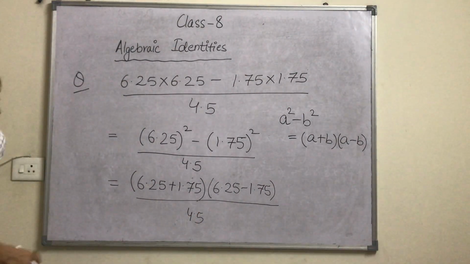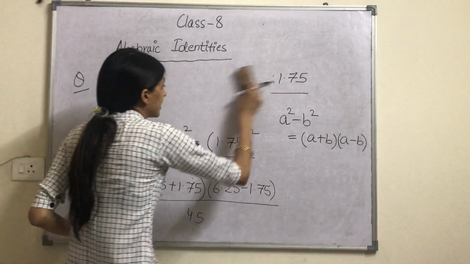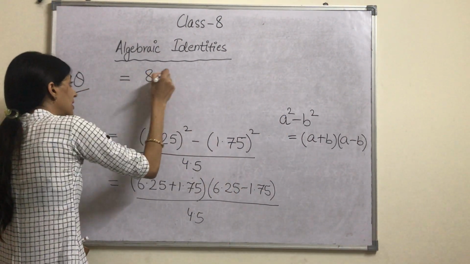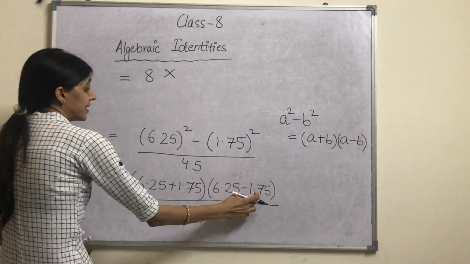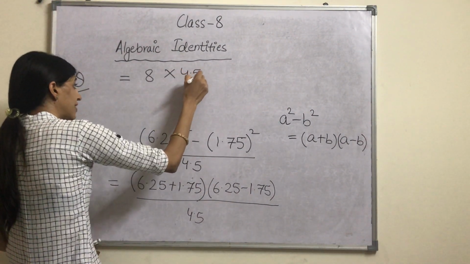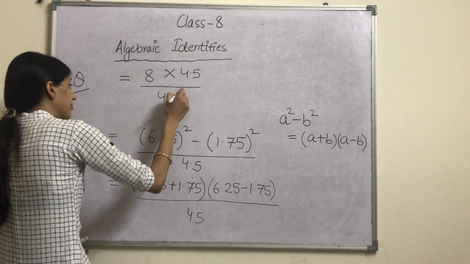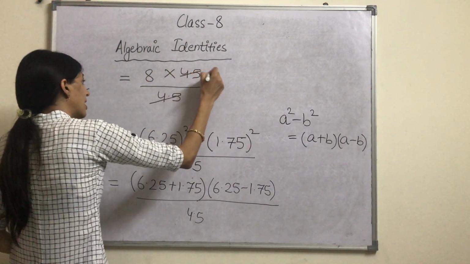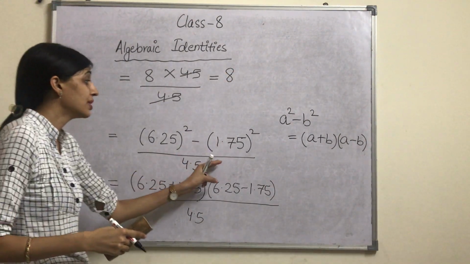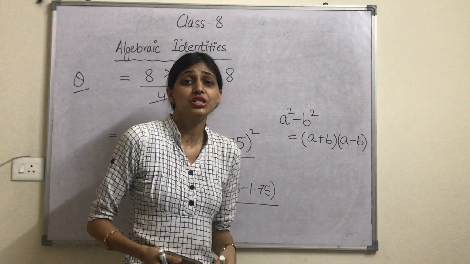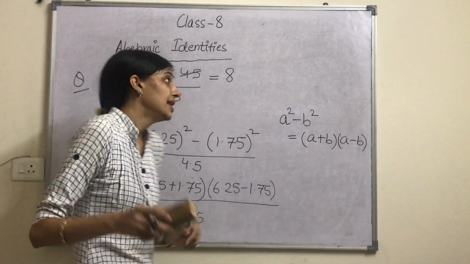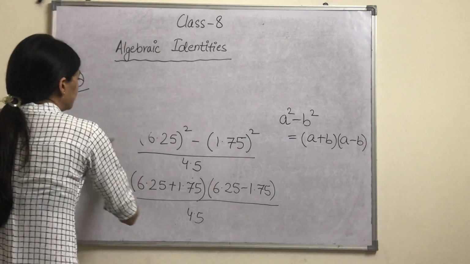So what is 6.25 plus 1.75? It is 8, multiplied by 6.25 minus 1.75, which is 4.5, divided by 4.5. This number cuts down with this and the answer is simply 8. That means we don't have to do bigger calculations when we solve questions with the help of identities. Let's take one more example.